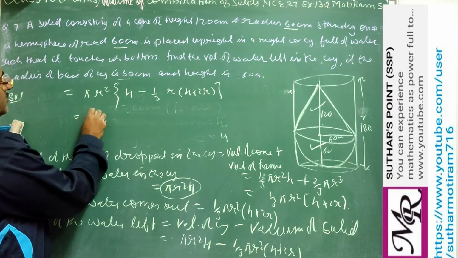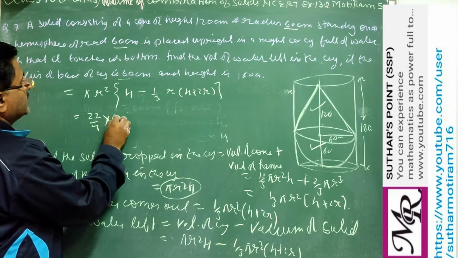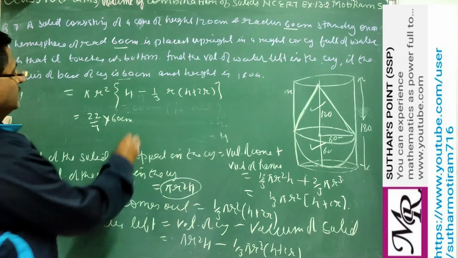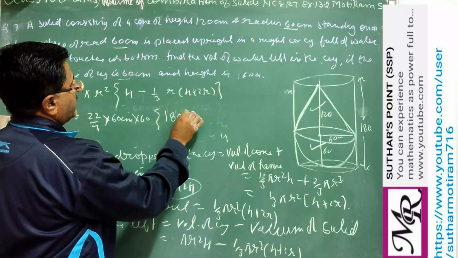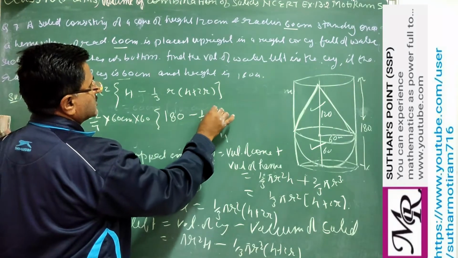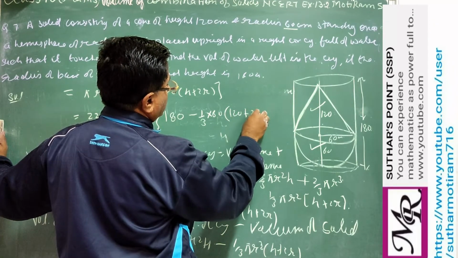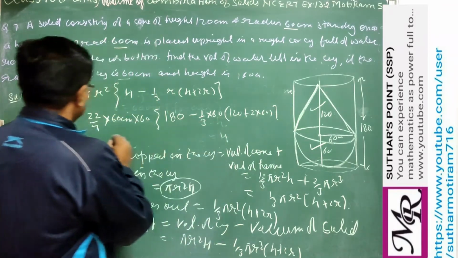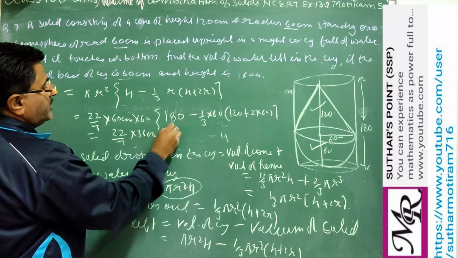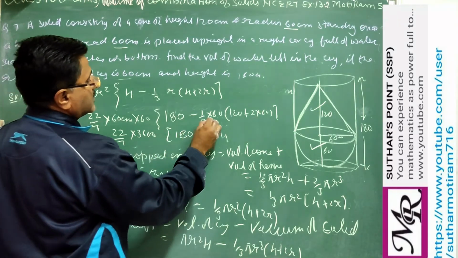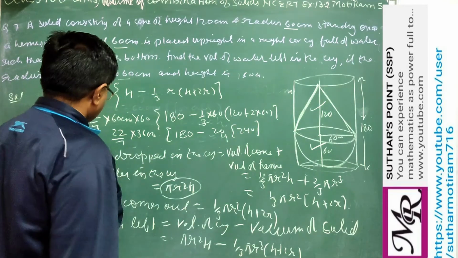So pi is 22 by 7 and the radius is 60 centimeter, so 60 into 60, total height H is 180, minus 1 by 3 into 60, where small h, the height of the cone, is 120, plus 2 into 60. So 22 by 7 into 3600, 180 minus 20, and this is 240.